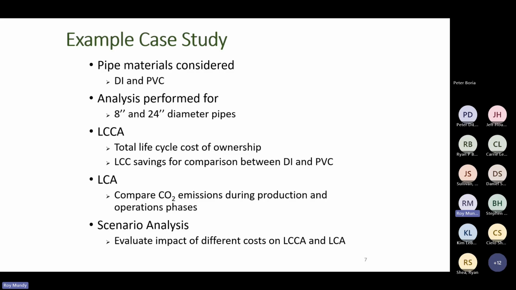They also looked at the total life cycle cost of ownership. They also looked at CO2 emissions, going back to the two modules that I mentioned before. And then at the end, they conclude their evaluation of the LCCA and LCA.